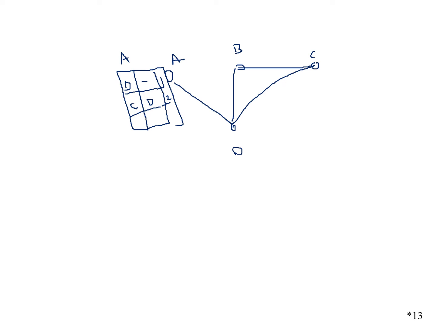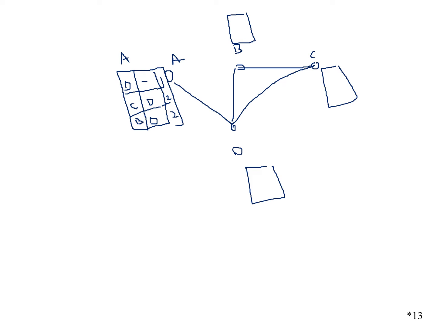And similarly, A has a neighbor B, but it's not directly connected. It is connected through D, and it is two hops away. Similarly, B will also contain a list, and C will also contain a list, and D will also contain a list.